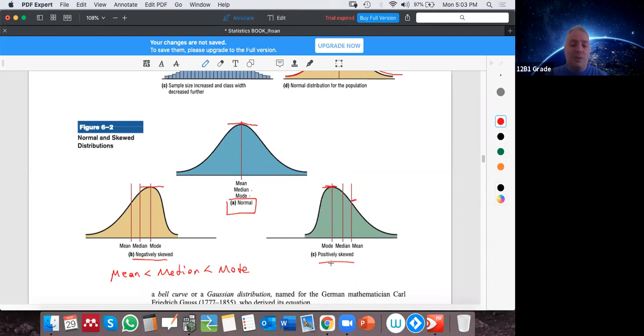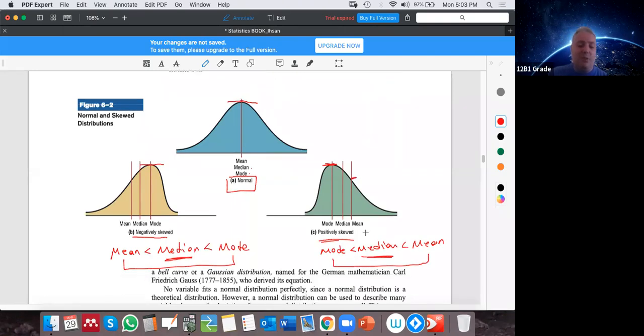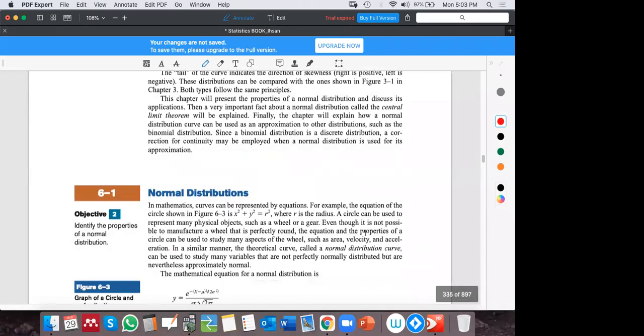So if it is positive, the mean is on the right side of the peak. If it is negative, the mean is on the left side of where the distribution hits the peak. So for positive skew, mode is less than median, which is less than mean, and the median is always between them. So keep in mind: mean is less than mode for negative, and mode is less than mean for positive.